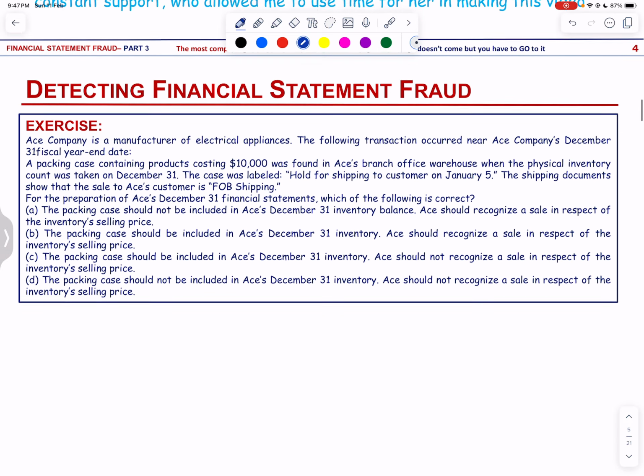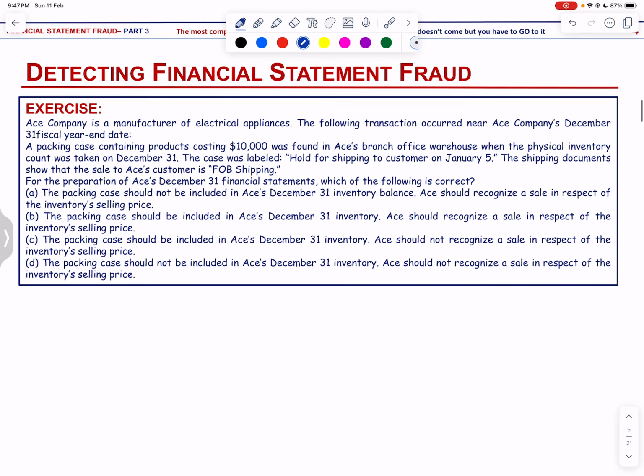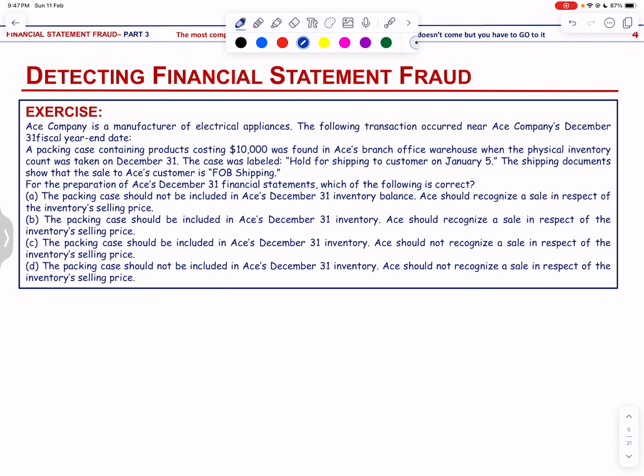So let us start with the first case. Ace Company is a manufacturer of electrical appliances. The following transactions occurred near Ace Company's December 31st fiscal year end date. A packing case containing products costing 10,000 was found in Ace's branch office warehouse where the physical inventory count was taken on December 31st.